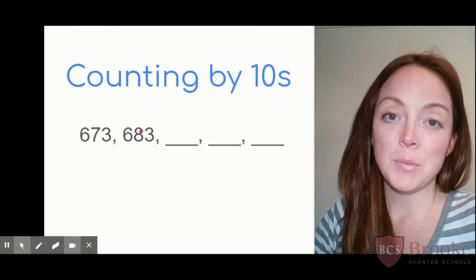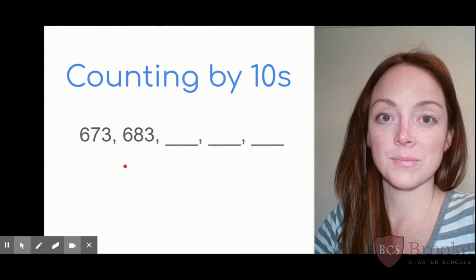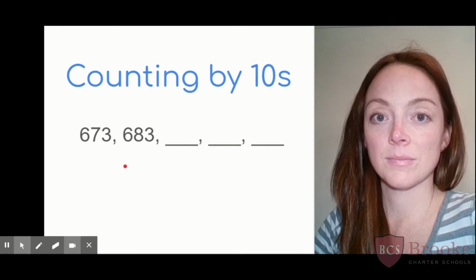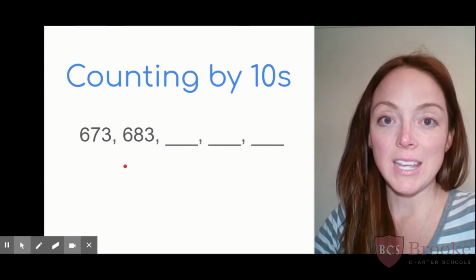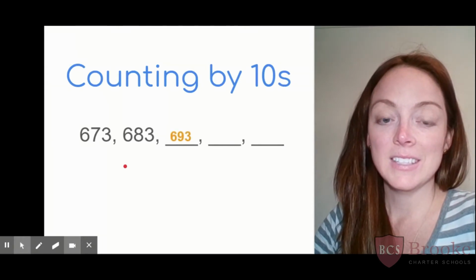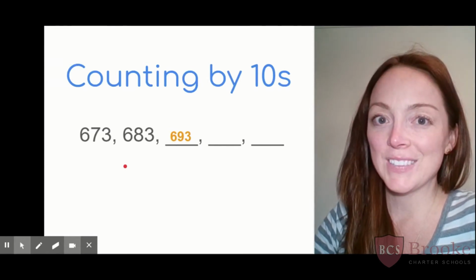What are the next 3 numbers in this counting pattern? Good, 673, 683, 693.